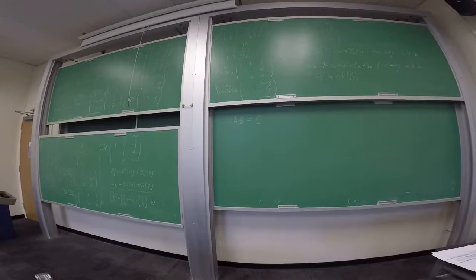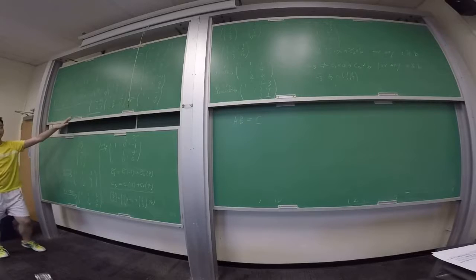So as you can see, we are doing row transformations. We are actually doing left multiplication by some invertible matrix. And then if we collect all those actions, we get a matrix.